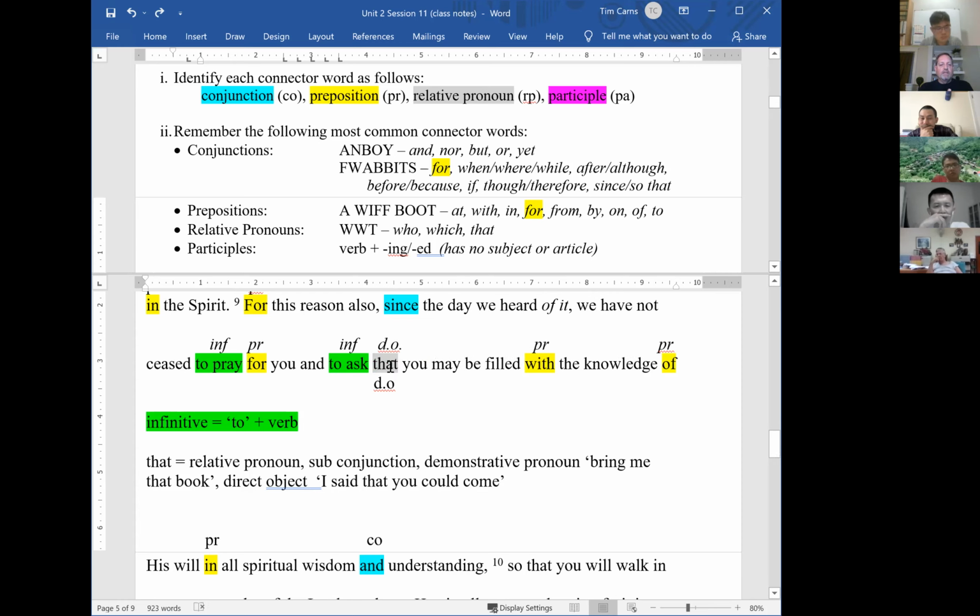It's telling us the content of what's being asked. To ask that you may be filled. You may be filled is what he is asking. Now if that doesn't make sense, that's okay. We're going to see some more examples of that as we go forward together.